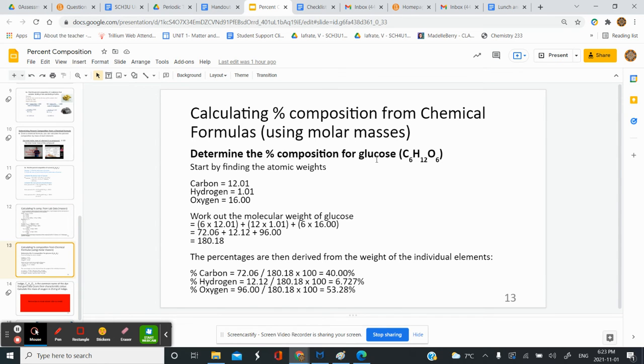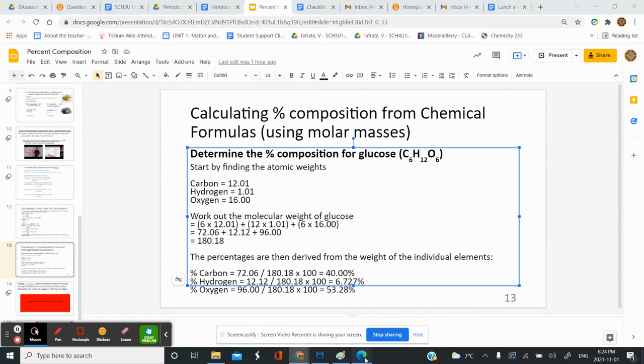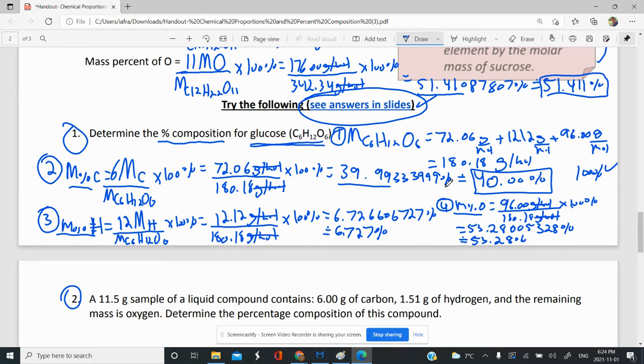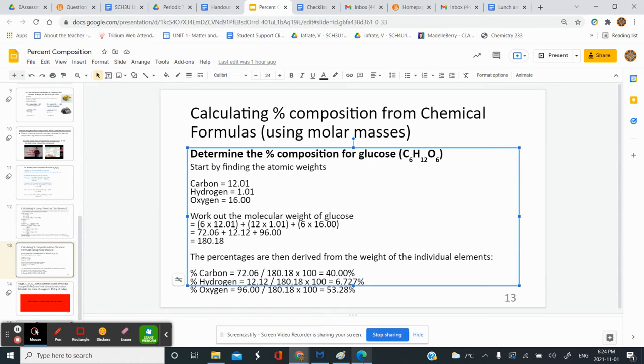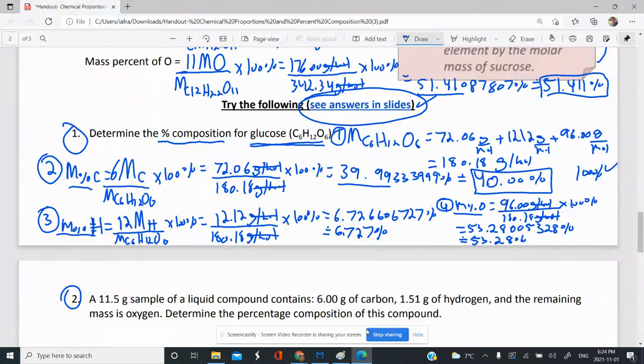This is the correct one. I looked at the wrong one, so glucose right here. And it looks like we have 40.00, 53.28. And we do want to maintain that to 4 sig figs. So I believe on here we have the correct 6.727. That's right, that's correct. All the sig figs work out, percentages work out, everything adds up. We were correct in that case.